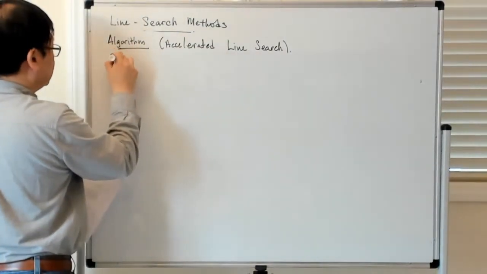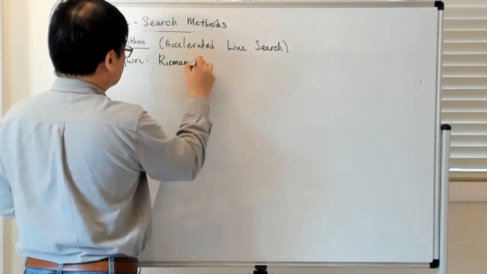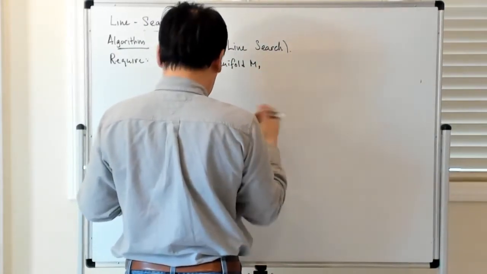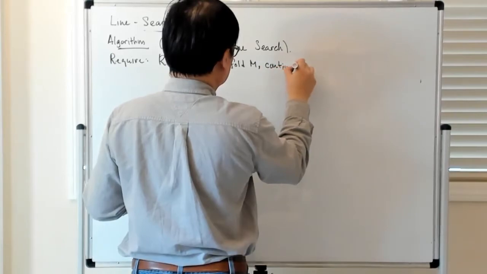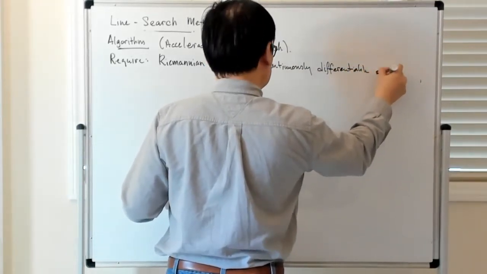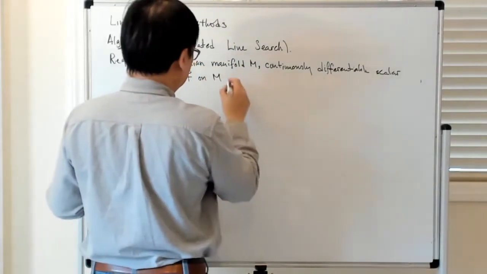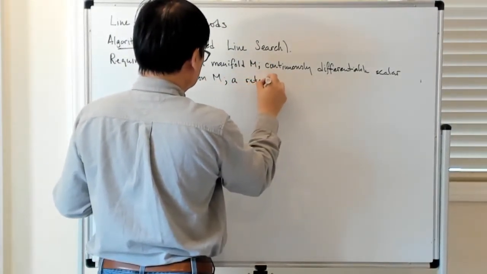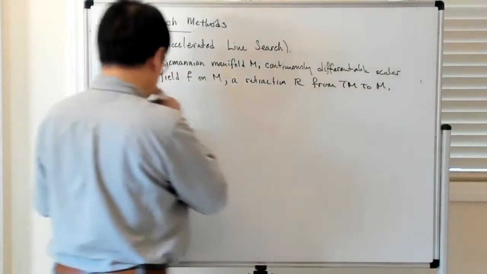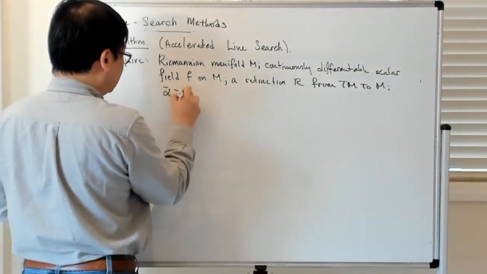You require the following things. You need a Riemannian manifold, M, some continuously differentiable cost function F on M, a retraction R, which is a map from TM to M. Then you need the parameters of this Armijo line search, which are that alpha bar is greater than 0, if you recall.